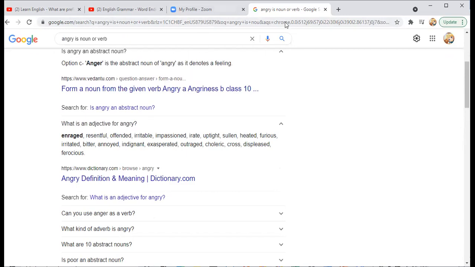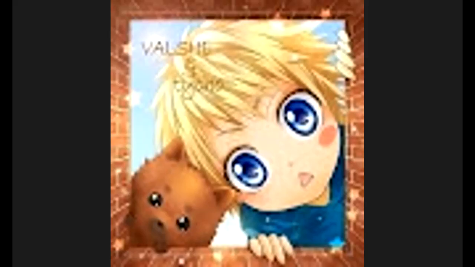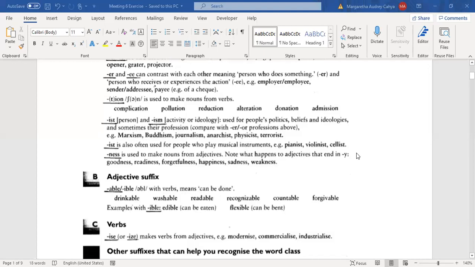At least now we know. Okay, so sad is also an adjective and sadness is the noun. Weakness is a noun.